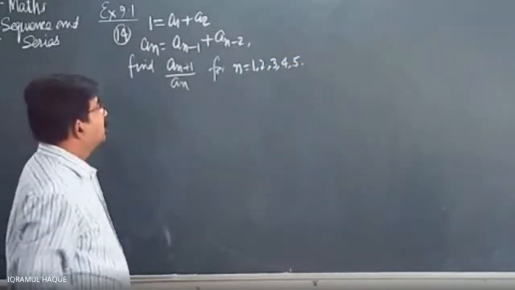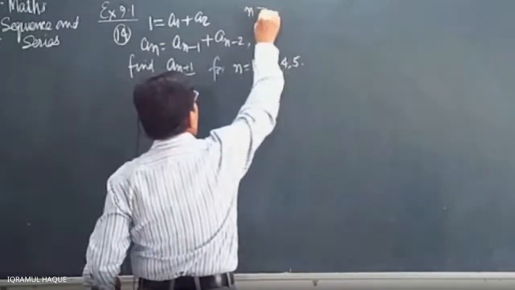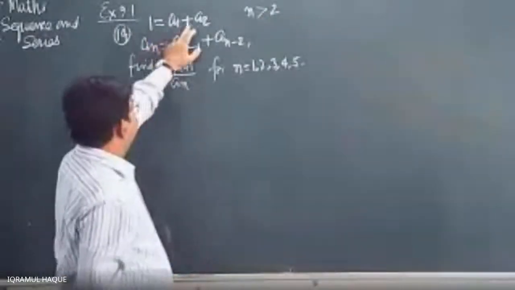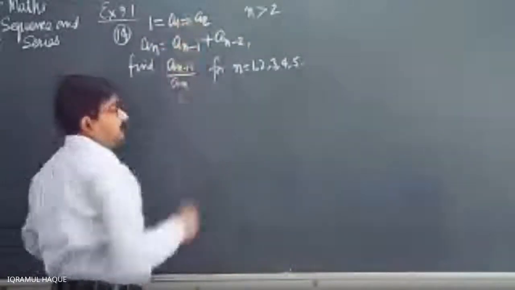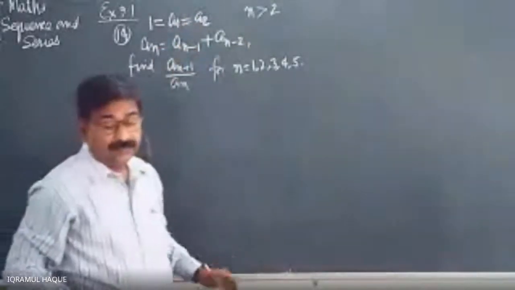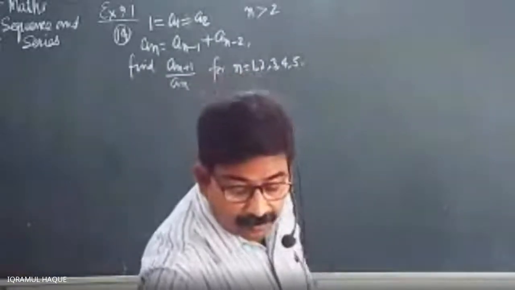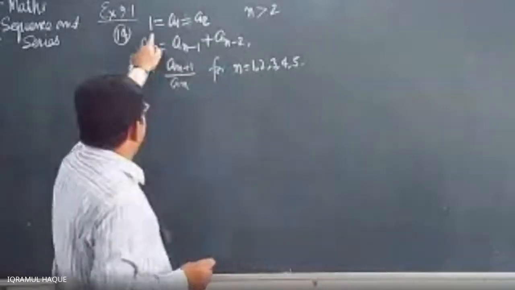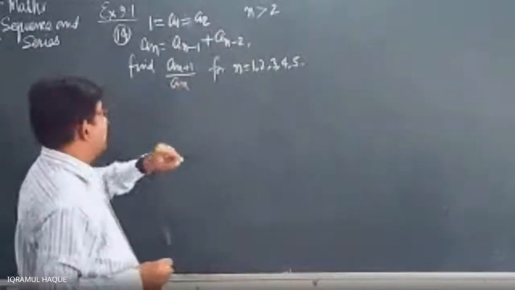So first, here we are given n is more than 2, because A1 and A2 are already given, and A1 is equal to A2. So first find the values: A1, A2 are given. Find A3, A4, A5, A6 and so on.